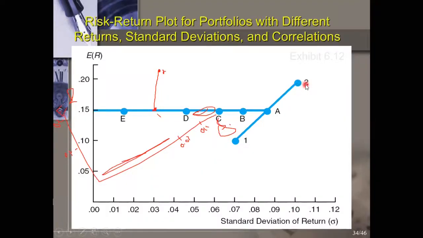But if we create a portfolio of 1 and 2 with perfect positive correlation, we will be able to reduce what? Risk.